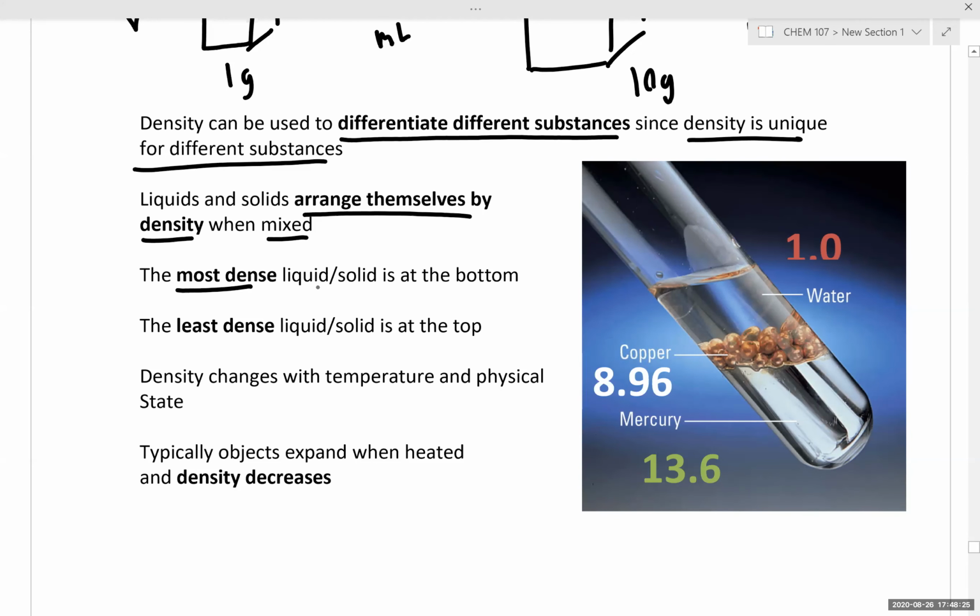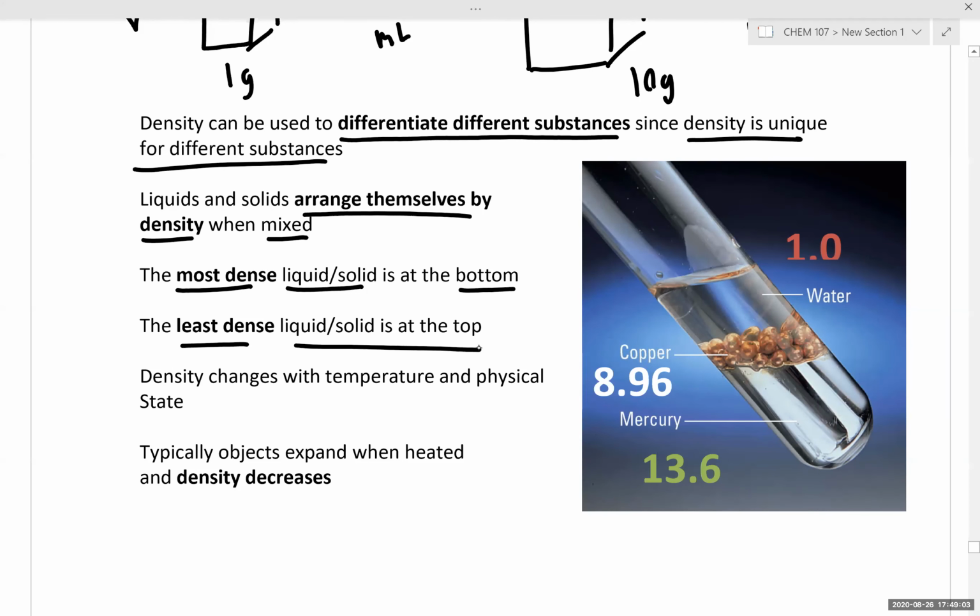The most dense liquid or solid is at the bottom, the least dense is at the top. We have mercury, which is extremely dense, with a density of 13.6 grams per mil. Copper has a density of around 9 gram per mil, and water is our least dense substance with a density of around 1 gram per mil. So density only depends on the chemical identity of your object.